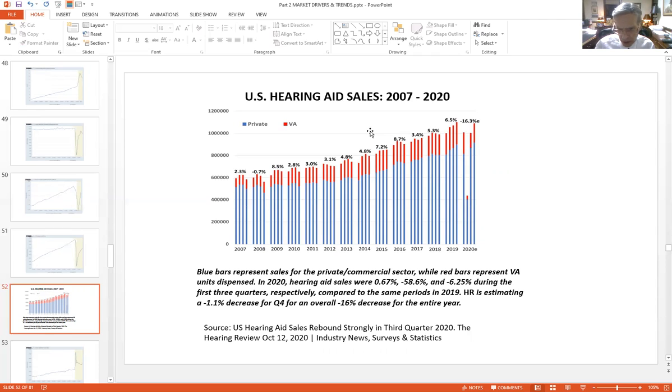So if you read the comments at the bottom, you will see that the second quarter drop was about 59%. And for the full year, there's going to be a substantial decrease in that industry, after which it'll probably get back up to that normal trend.